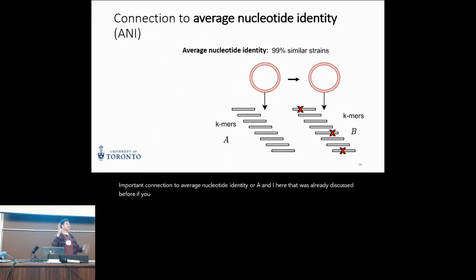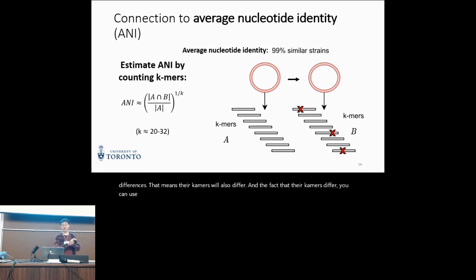If you have two strains that are 99% similar, they'll have some base level differences. That means their k-mers will also differ. The upshot is that you can estimate ANI by counting k-mers and seeing how many are shared. And this is really nice because counting k-mers is really, really fast, whereas alignment, which is how you would usually do this, is very slow.